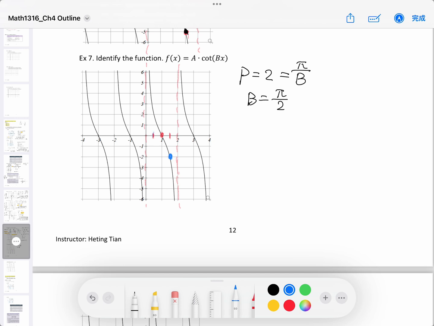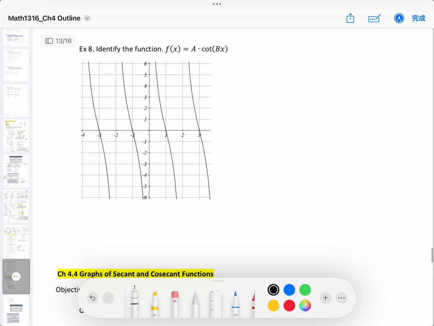The point on the graph with x equal to 0.5 has y value 2. So from the center going up 2 units, going down 2 units is my stretching. That means the stretching is 2, so a is equal to 2. Function f of x is equal to 2 times cotangent pi over 2 x.